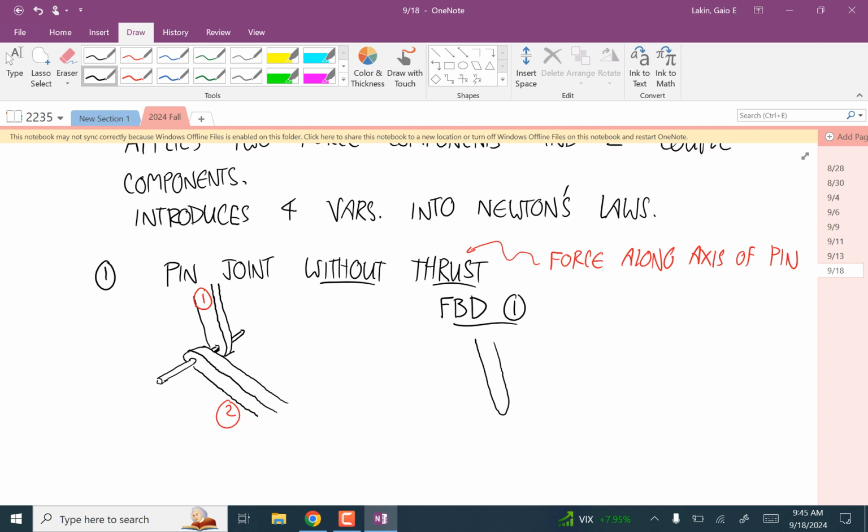So those are the two axes of force. But the axis that isn't restricted is along the pin. As long as those two force directions are perpendicular to the pin, you can put them in any direction you want. Just put them in your coordinate axis directions. So I'll call this Rx and Ry.